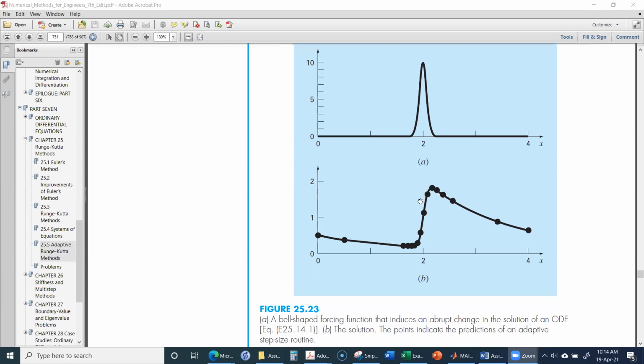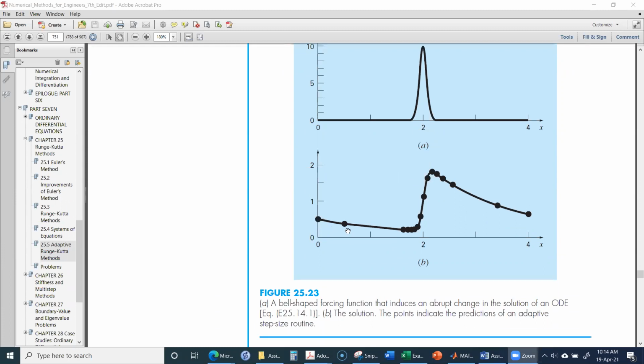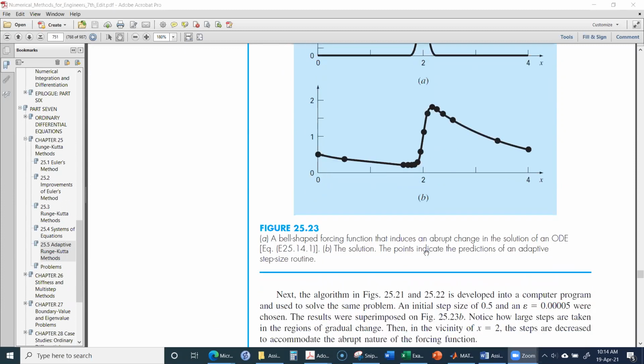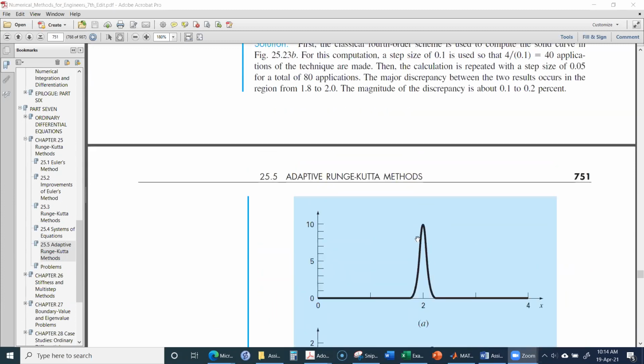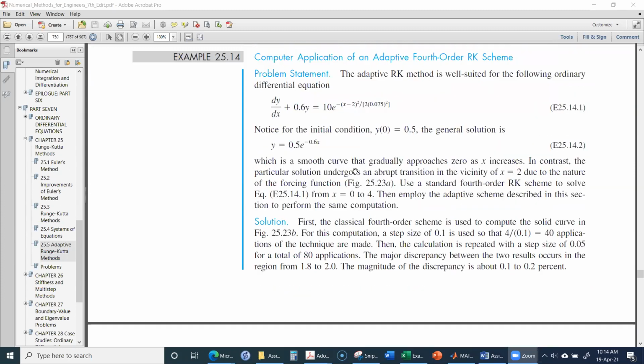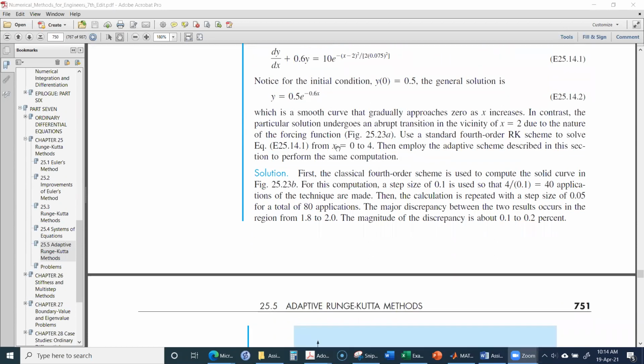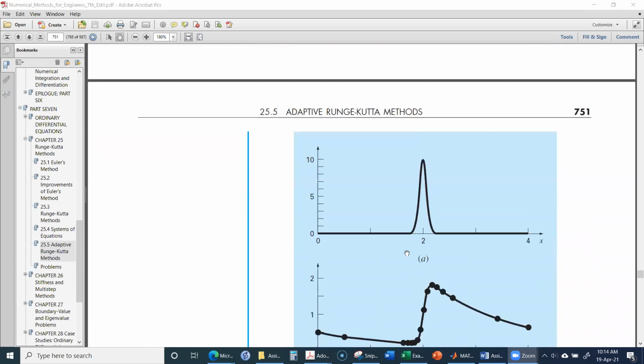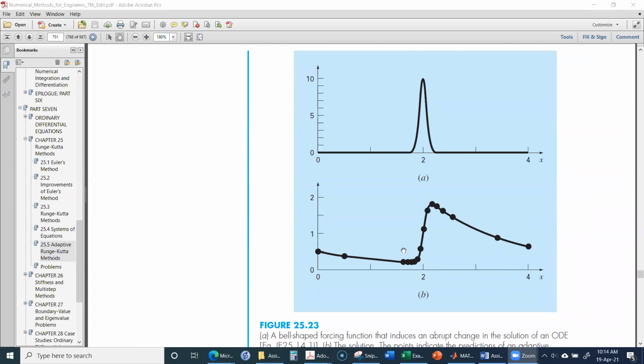So the solution of this differential equation is in this form. We can obtain this solution by any of the Runge-Kutta methods. However, we can realize that we can change the interval of the step size.